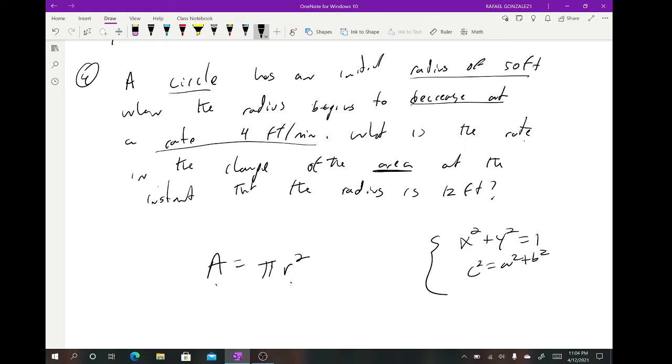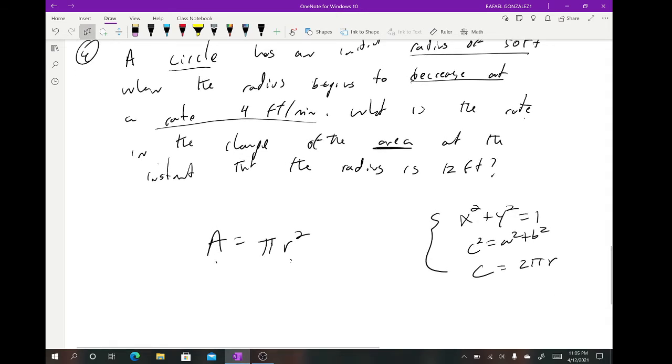You may see the area of a circle, like I just did now, the circumference of a circle, 2 pi r, and so on, among others. So you definitely need to know, or at least remember these, to be able to relate the problems.